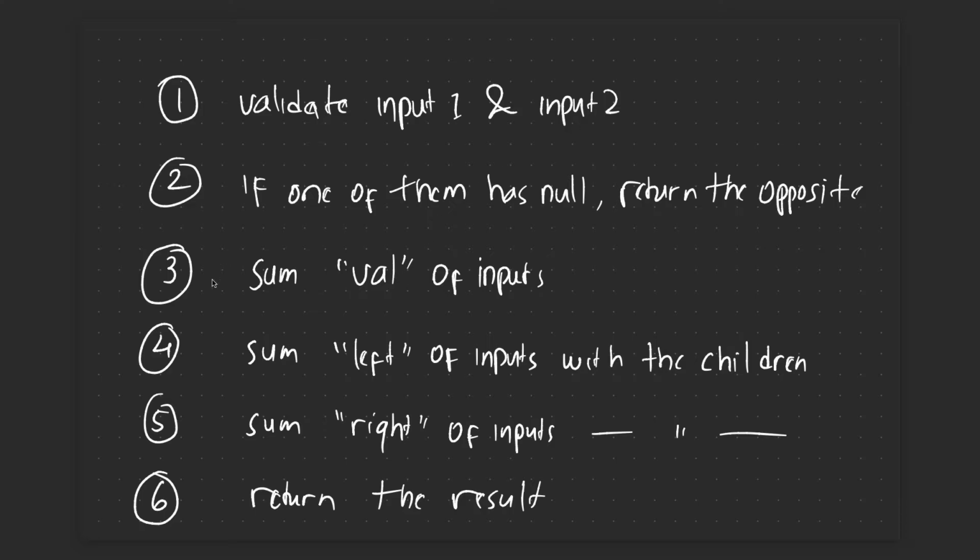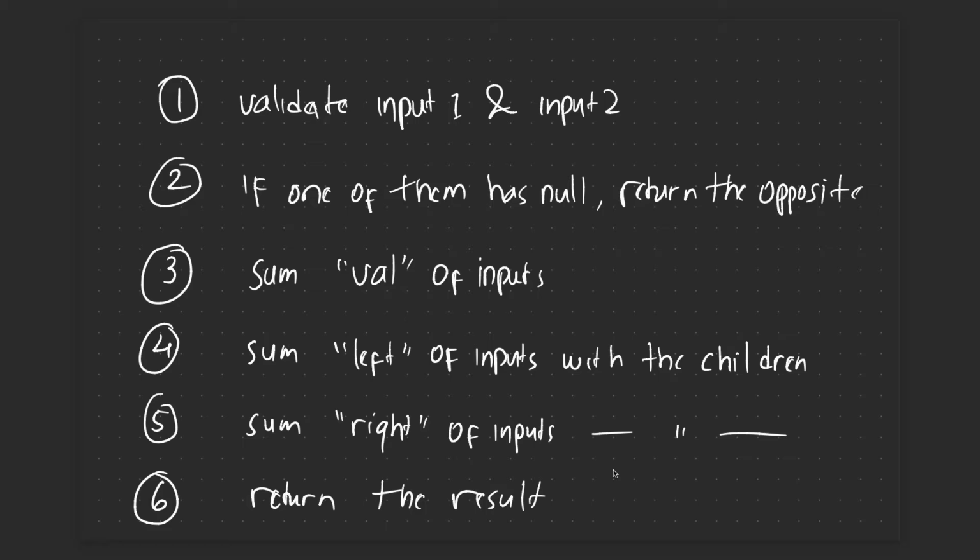Then the next thing we need to do is sum the left of the inputs and their children, sum the right of the inputs with their children, and then return the result.